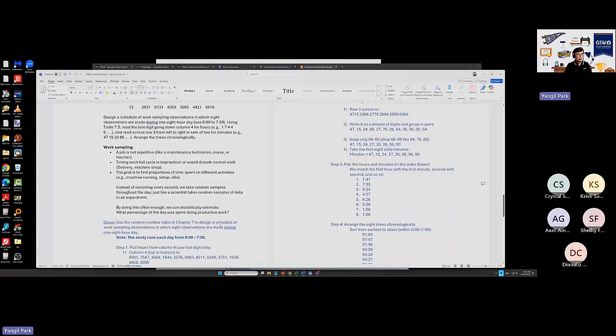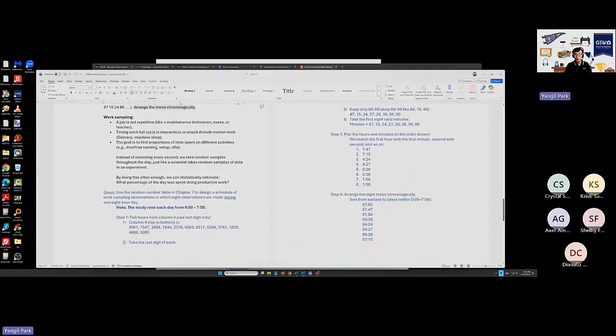But the direction says to arrange the times chronologically, so the earliest time comes first, which is 0100, then 0147, 0256, 0356 and 0338 in that order.